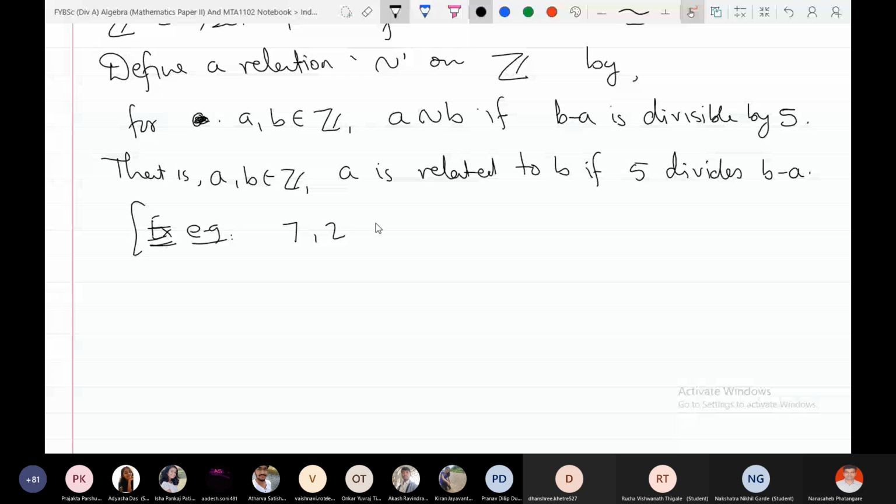Yes, sir, because 7 minus 2 is divisible by 5. Now you can think about 17 and 2. Are they related? Yes, sir, because 17 minus 2 is 15, which is divisible by 5.